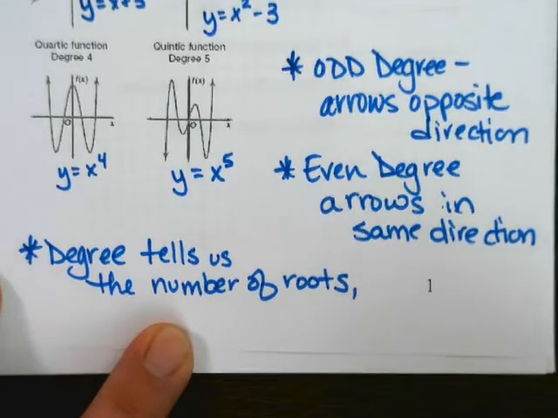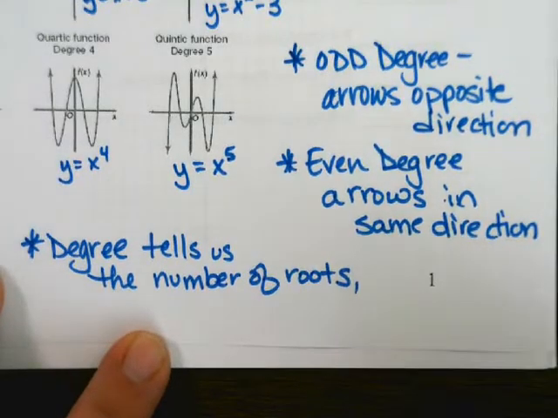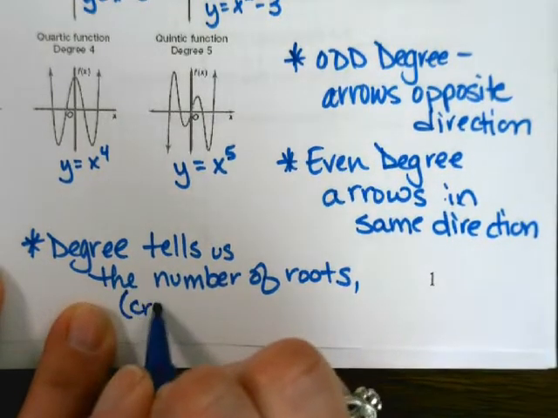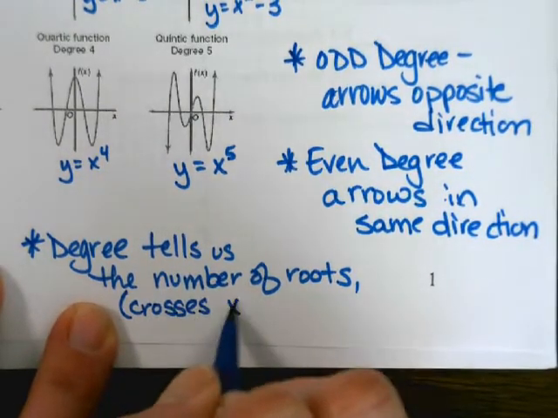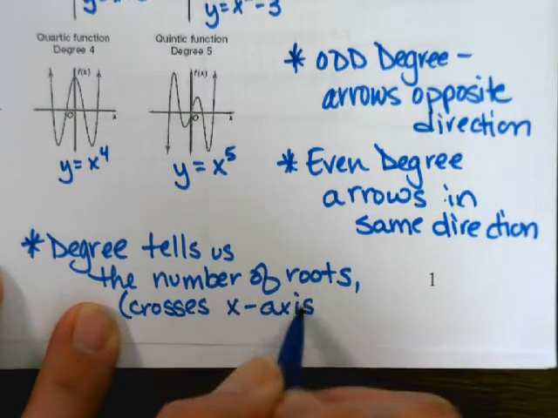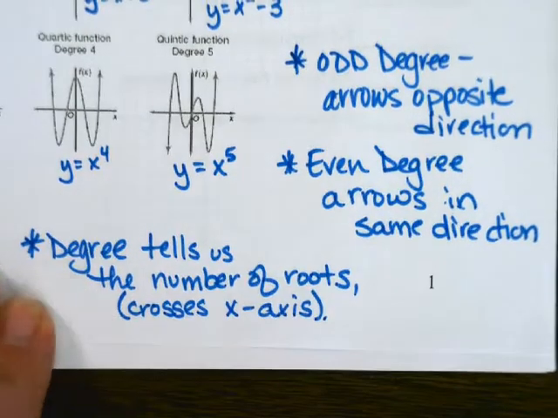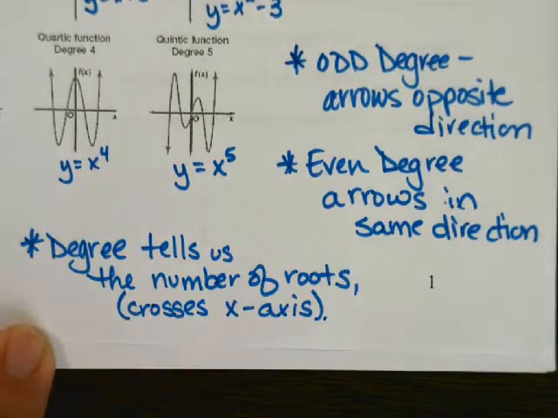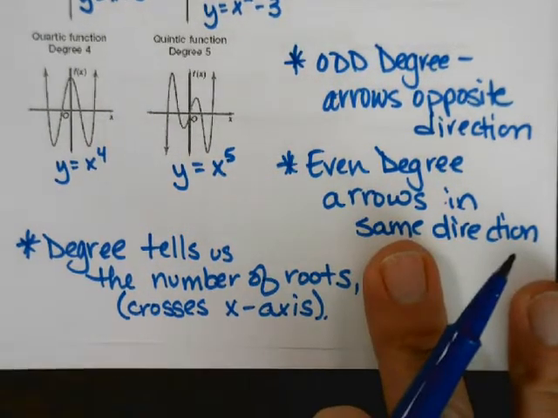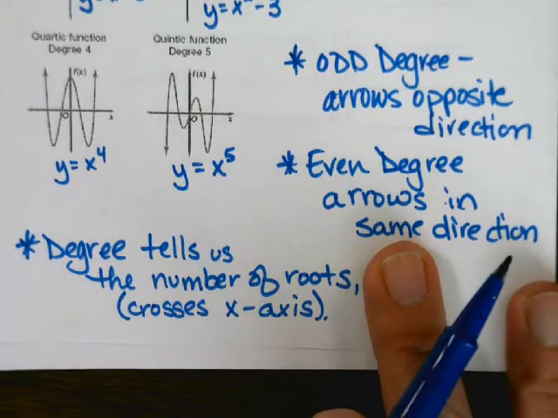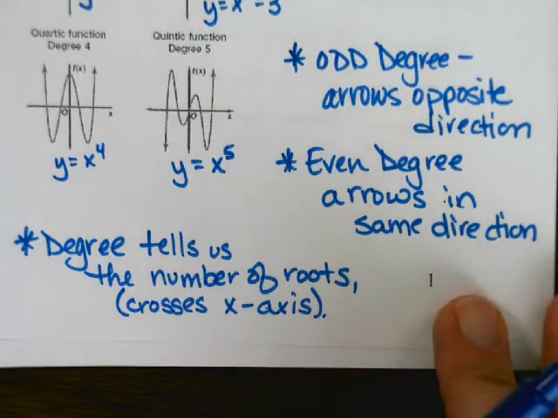In our case, it crossed the x-axis those number of times. Okay, questions on any of that?